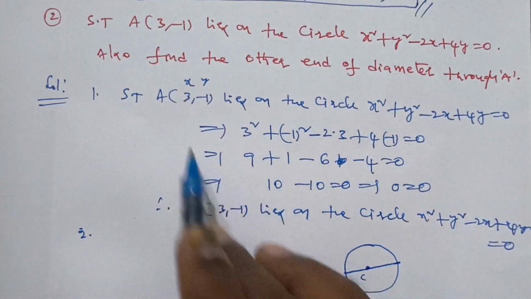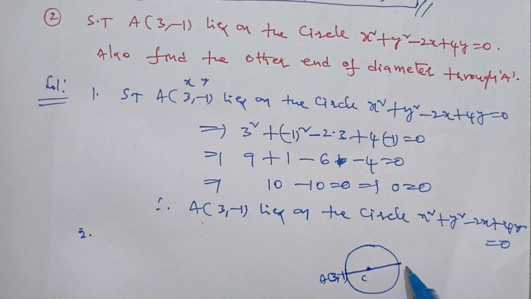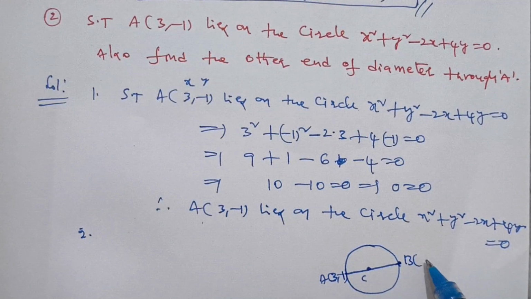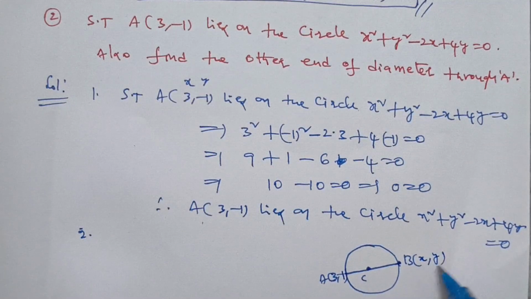Suppose this is A, the given point, one end of the diameter, 3 comma minus 1. The other end of the diameter is not known here. Suppose we take it as x comma y.